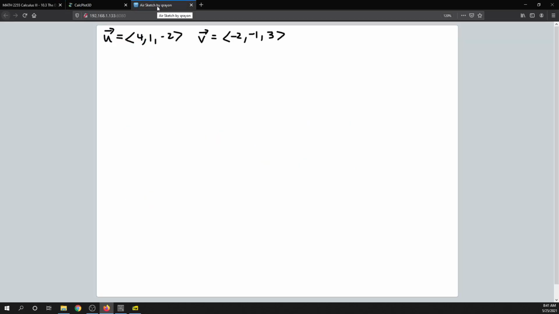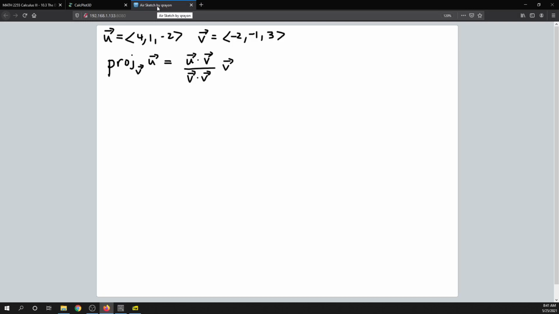The very first thing that we're going to have to do is to calculate the projection of u onto v, and we know that that's going to be u dot v over v dot v times the vector v itself.